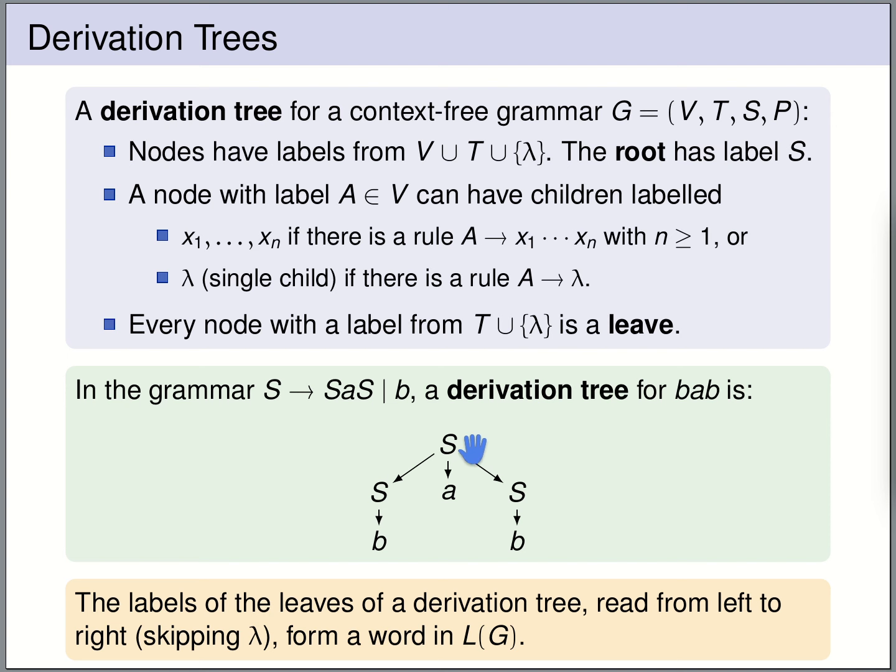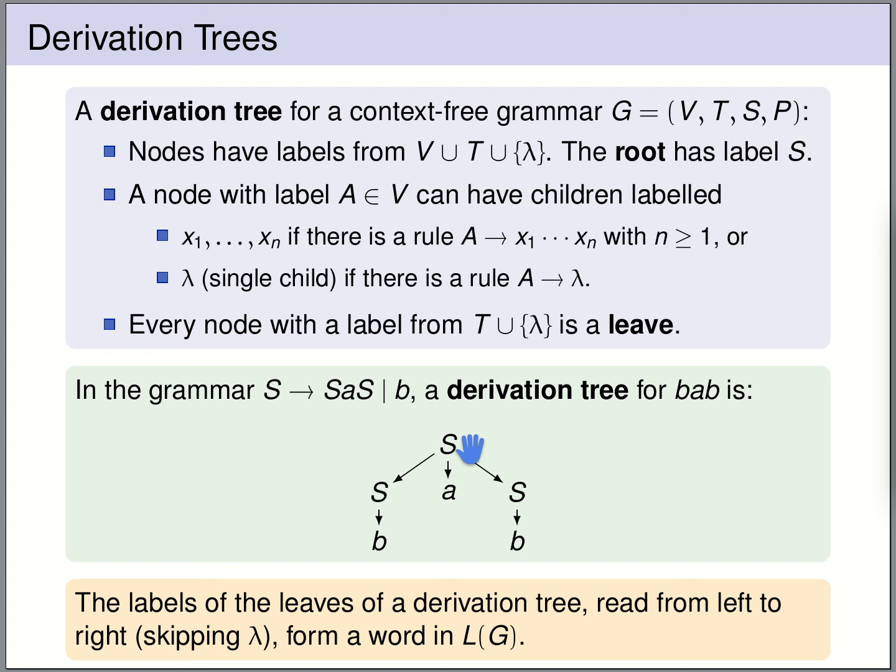So if you look at a node in the derivation tree that is labeled with a variable, then the children read from left to right have to form a right-hand side of a production rule for the variable that is the parent of these children.